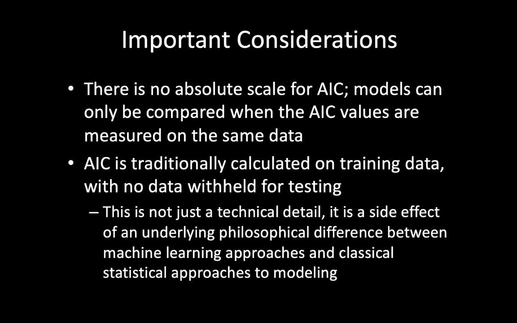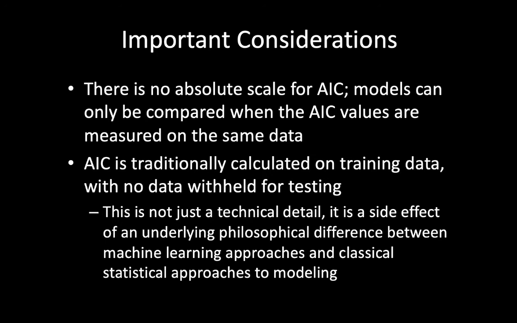And that's not just a technical detail. It's not just that people didn't think of withholding test data for AIC. There's actually a deep philosophical divide. I don't know that people are really arguing about which side is correct, but there is a deep split in the philosophy of modeling that AIC comes from versus a machine learning framework that Maxent is more typical of.